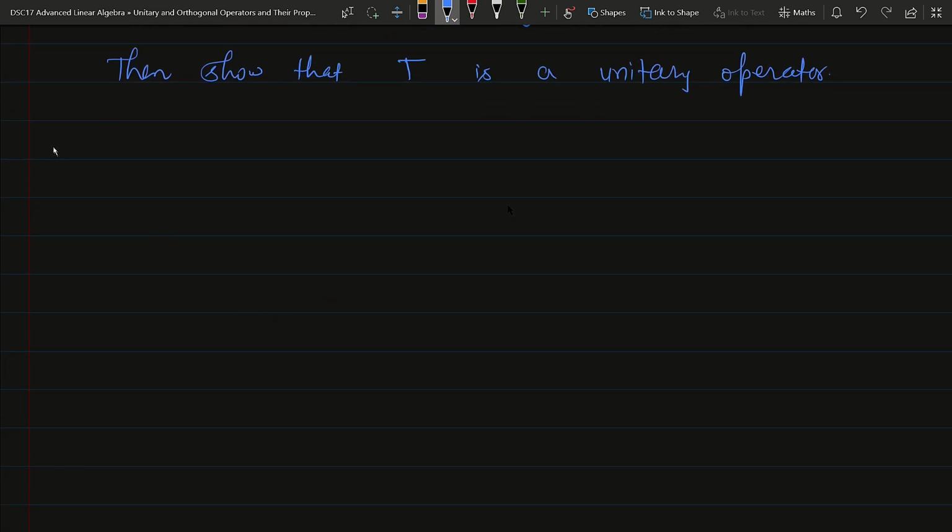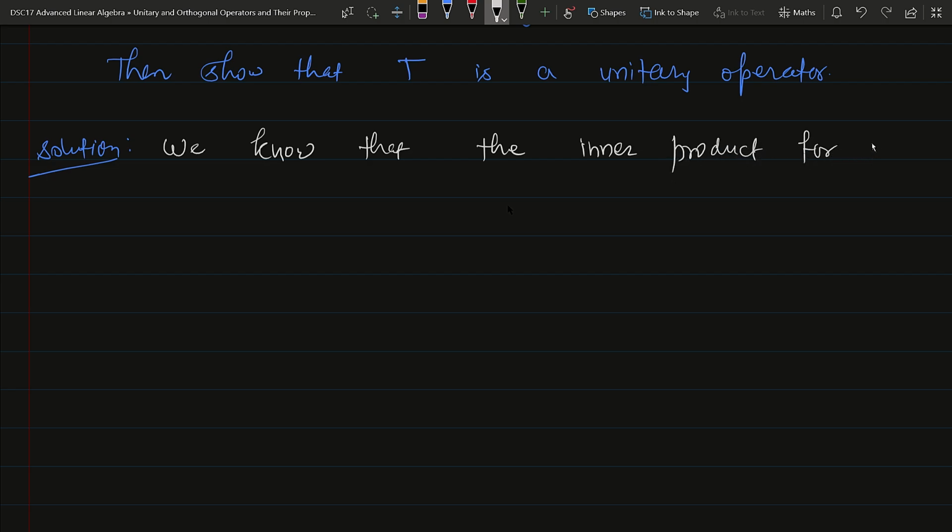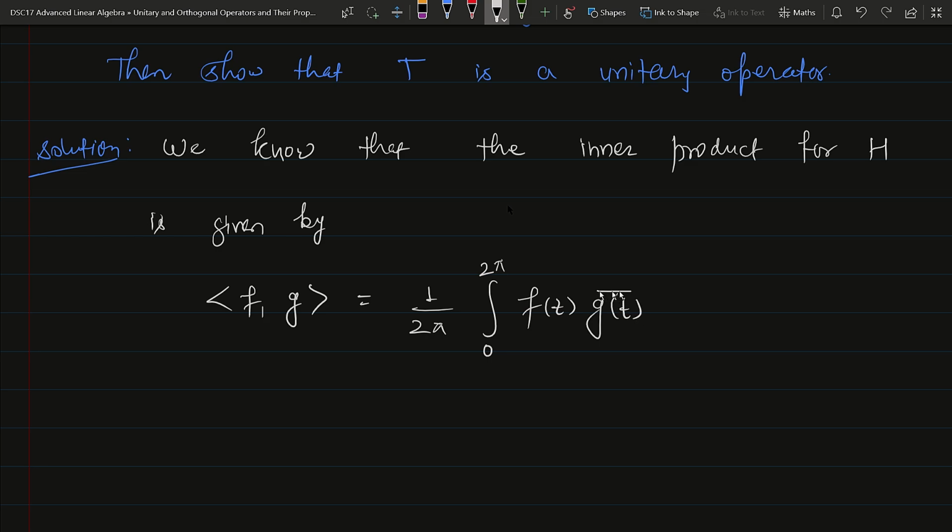The solution is given by the norm of T. So let me first point out the inner product that is defined on H. Okay, so we know that the inner product for H is given by inner product f comma g is equal to 1 upon 2π integration from 0 to 2π f of t g of t bar dt.